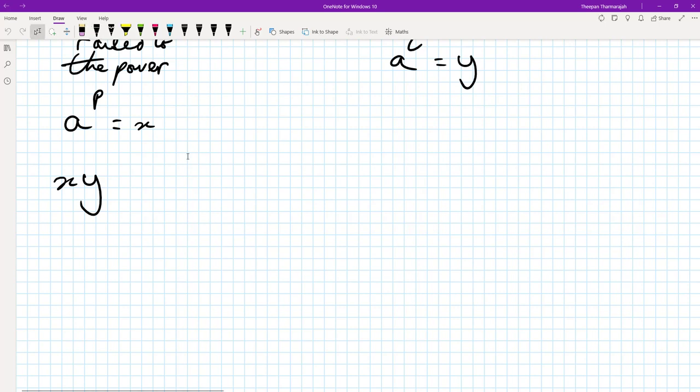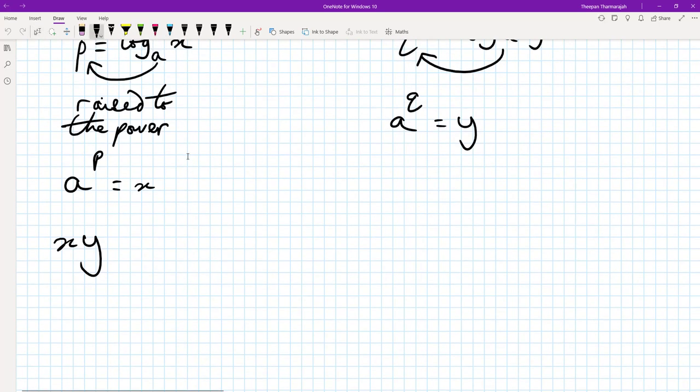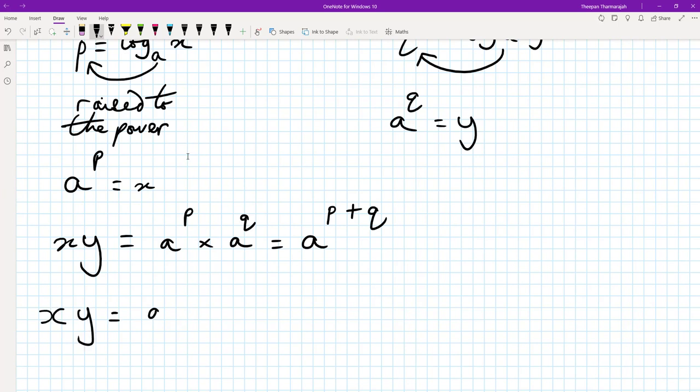We know that X times Y will be A to the power of P times A to the power of Q. Well, you know from GCSE, that's A to the power of P plus Q. So XY is A to the power P plus Q.